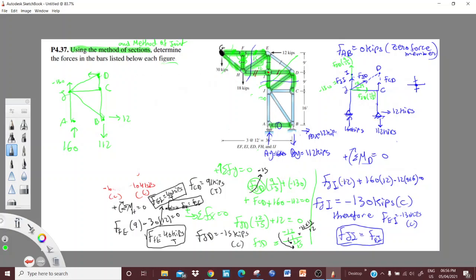FDI is how much? Where is here, DI or HI? Similar thing. DI would be, well, we didn't find it.